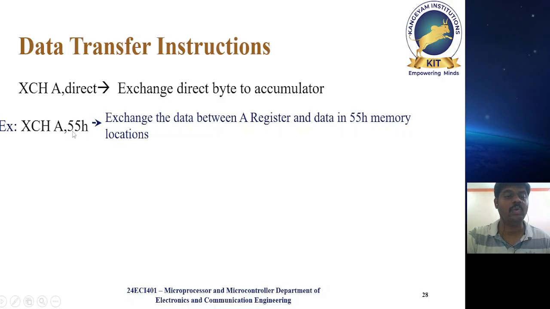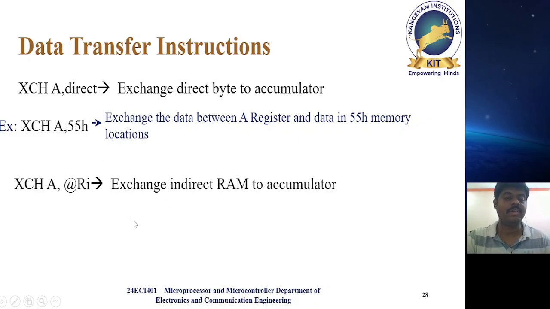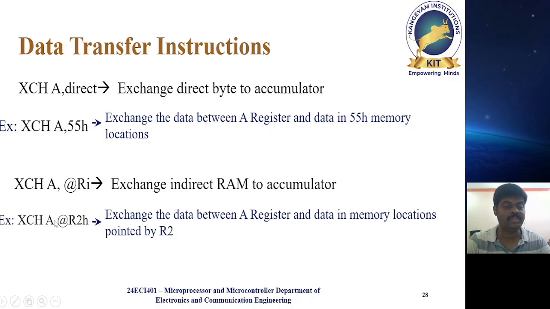This 55 is considered as a memory location. Same as XCH A, @Ri, which we have seen previously: it exchanges the data between the A register and the data in the memory location pointed to by R2. That is what happens with XCH.